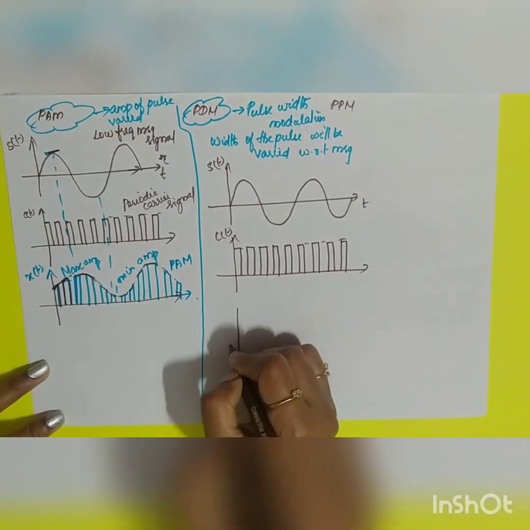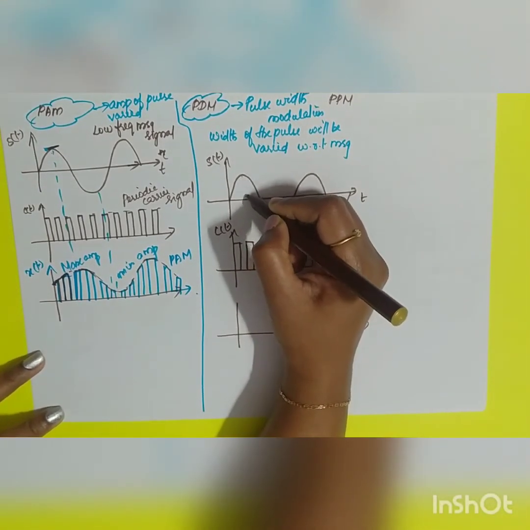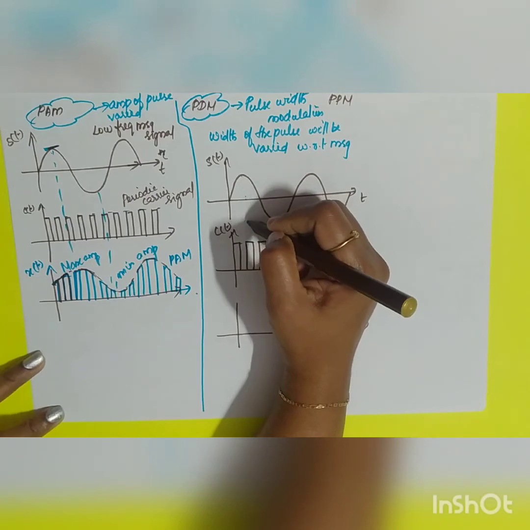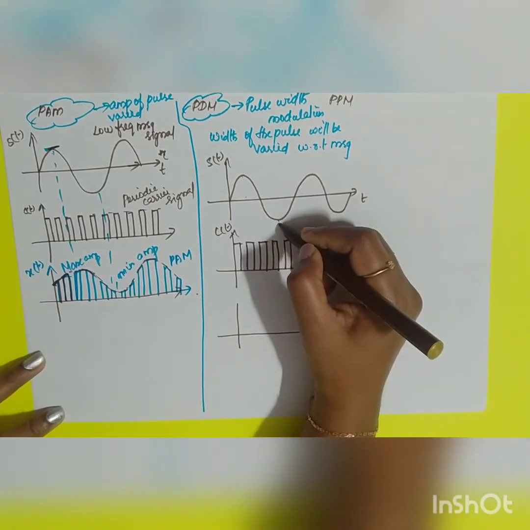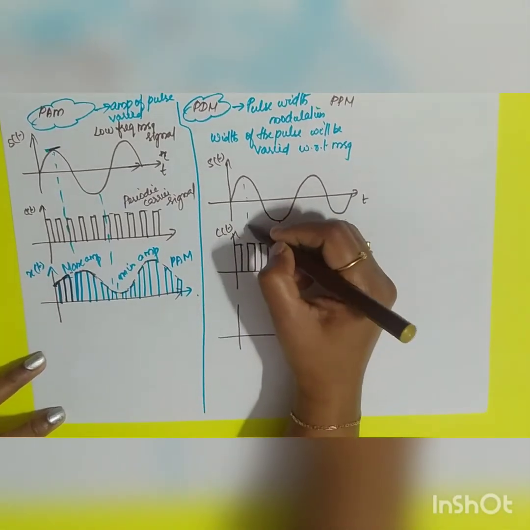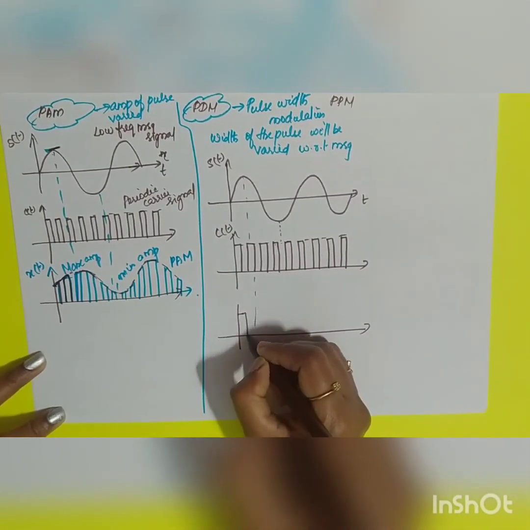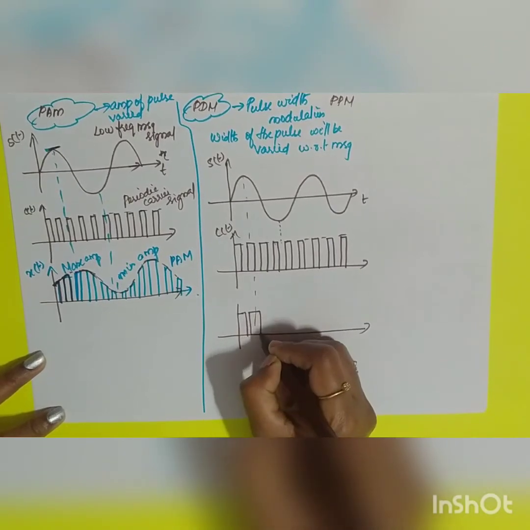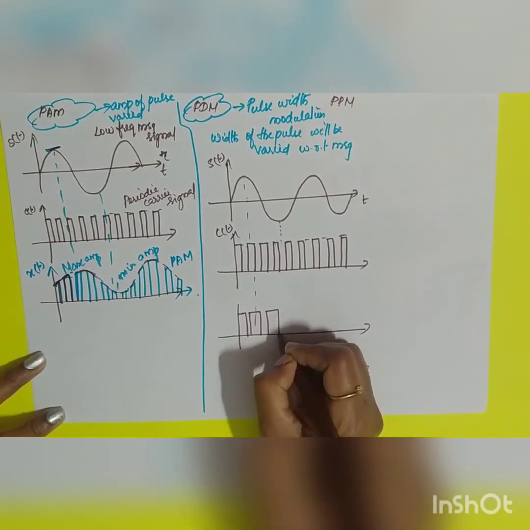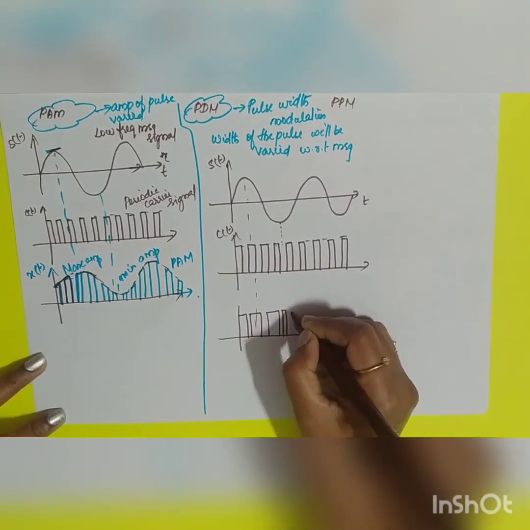Now what happens in pulse width modulation? Whenever the message signal is positive, the width of the pulse increases. Whenever the message signal is negative, you will be getting minimum width. So here you will be getting the maximum width. Again here it is positive, so the width will be increasing, and now you will be getting maximum. Whenever the message signal is negative, you will be getting minimum width.